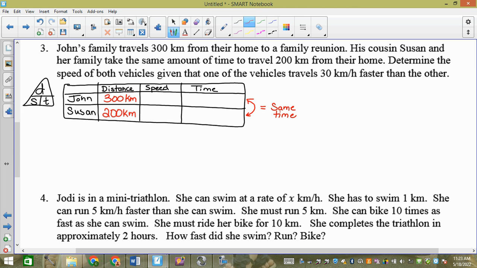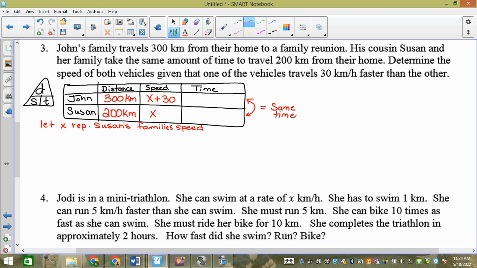So Susan is going to be X. So let X represent Susan's family's speed. Now the last one said 2 times faster, so I went 2x, correct? This one says 30 kilometers per hour faster, so what am I going to do? Yeah, x plus 30, right? So if it's times faster, you multiply. If it's just kilometers per hour faster, we're going to go x plus 30.